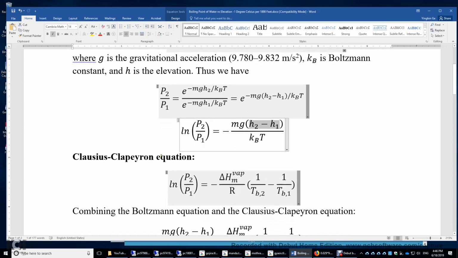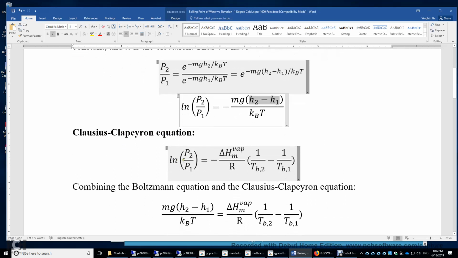The Clausius-Clapeyron equation we learned in physical chemistry tells us the natural logarithm of the ratio of vapor pressure of the liquid is equal to negative enthalpy of vaporization over R times 1 over Tb under this external pressure P2 minus 1 over Tb, the boiling point under external pressure P1.